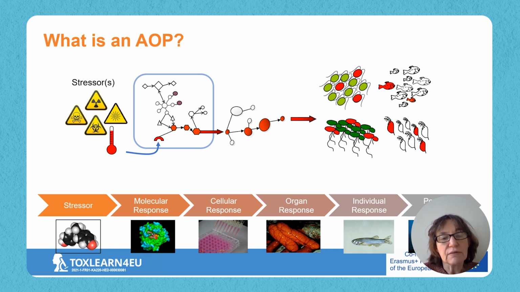And then from that, you have different steps that lead until it changes the adverse outcome at individual or population level. Typically, the adverse outcome pathway will start at a lower level of biological complexity and will gradually go from molecular to biochemical to subcellular, cellular, organ level, and so on.